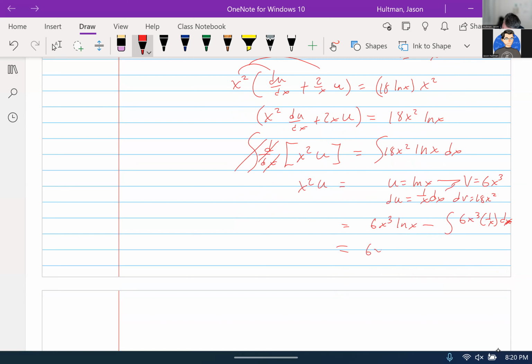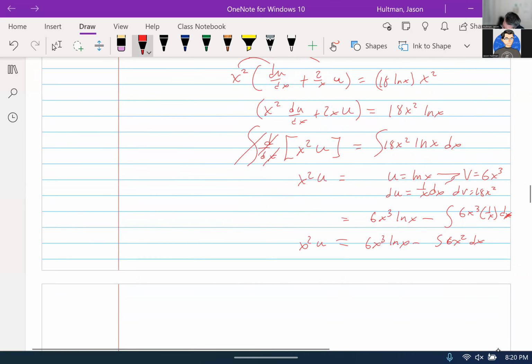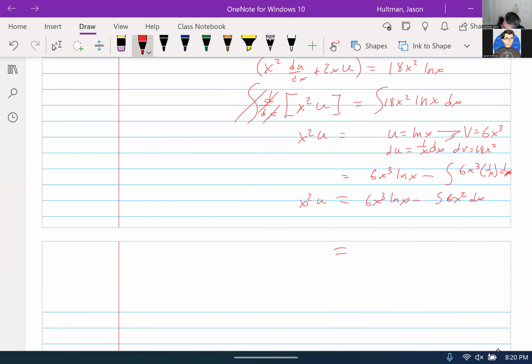So that's 6x cubed natural log of x minus the integral of 6x squared dx. Well, that's x squared u is equal to 6x cubed natural log x minus, integrate that, that's going to become a third power divided by 3. That's 2x cubed plus c.